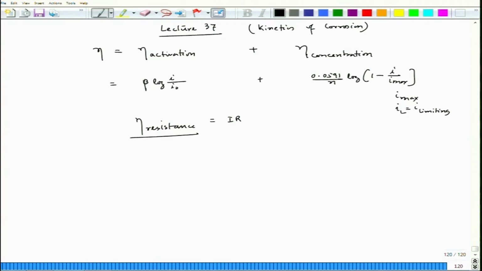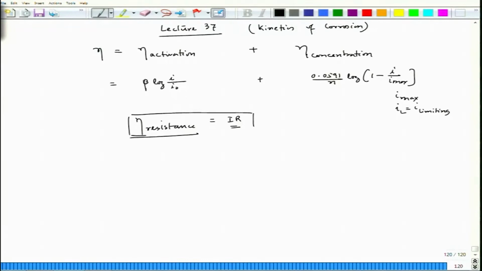But in a corrosive environment, where the metal is immersed in an electrolyte of sufficiently high conductivity, the IR drop is very small, so we will not consider it in common corrosion processes. We will definitely talk about overvoltage due to activation and due to concentration effects on the corrosion of a particular metal.